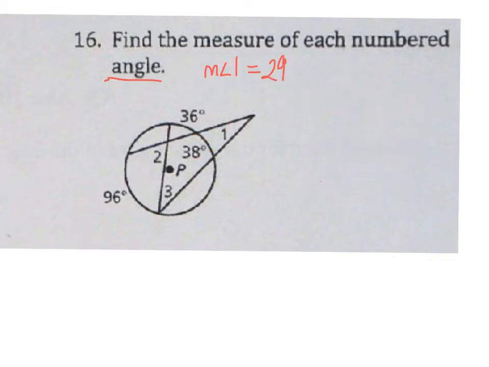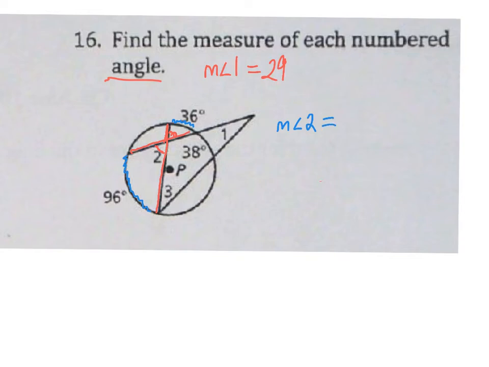For the next one, I'm focused on angle 2. Now, angle 2 is actually a vertical angle with this one as well. And you can see the two intersect right here, these two chords. And they open up to these two different arcs, 36 on the top right and 96 on the bottom left. So now I have to use my other theorem from the end of chapter 10.